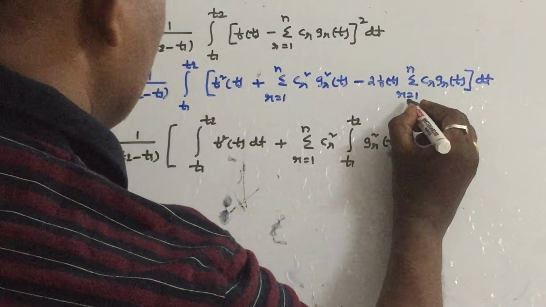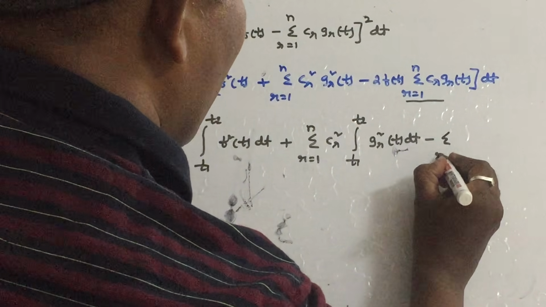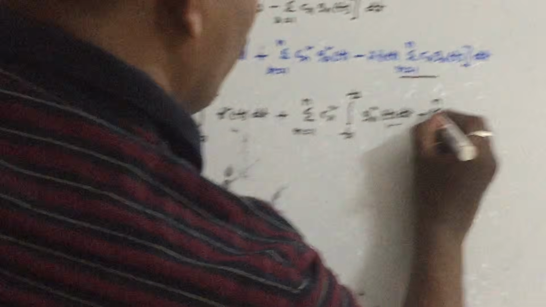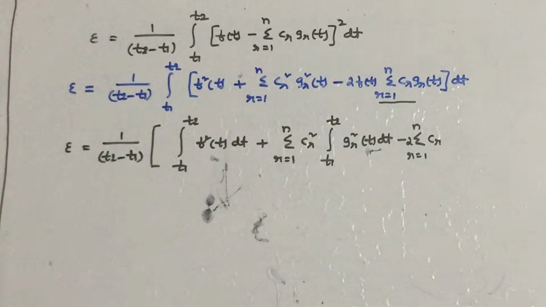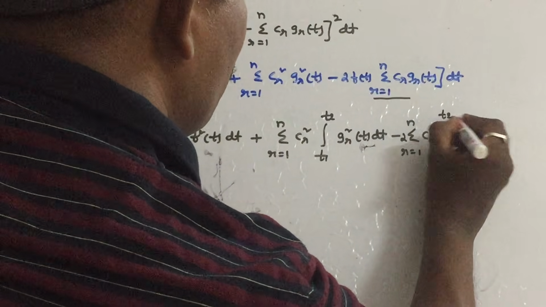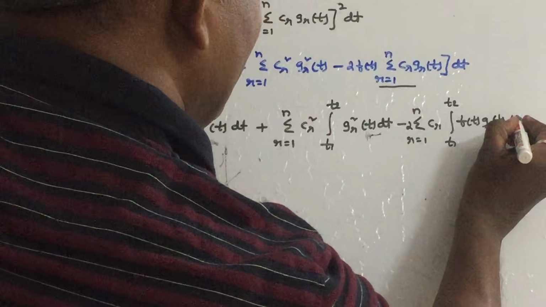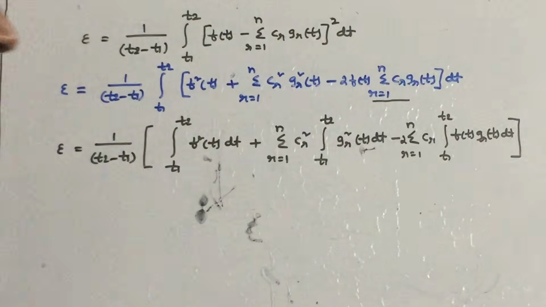Again, take this term outside, that is minus summation r is equal to 1 to n, 2 written outside, cr. What is the term? Integral t1 to t2 f of t into gr of t dt. I have just taken the integral inside.